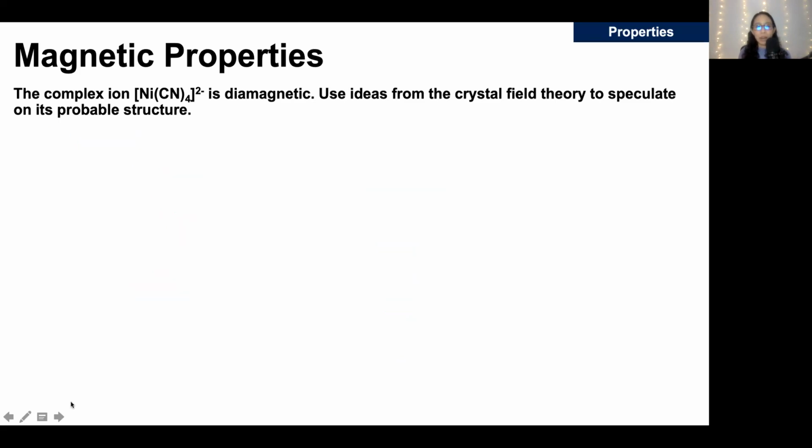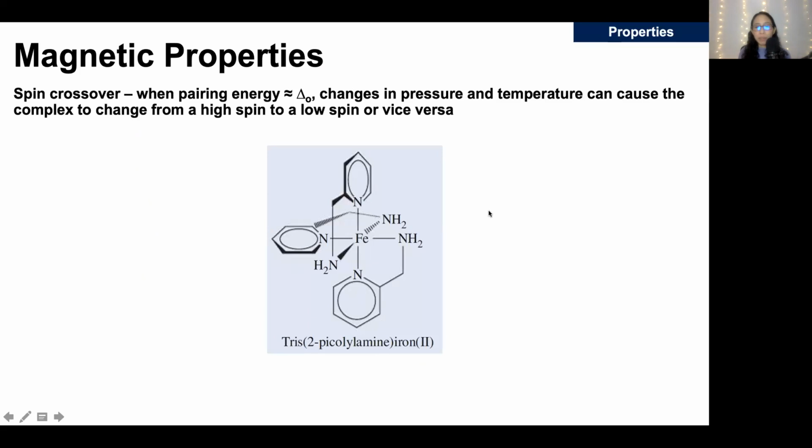Now, there is one phenomenon, class, and this is just an idea. You just have to recognize that there's a phenomenon we call spin crossover. This is when the pairing energy is almost equal to your crystal field splitting. For this one, changes in pressure and temperature can cause the complex to change from a high spin to a low spin.